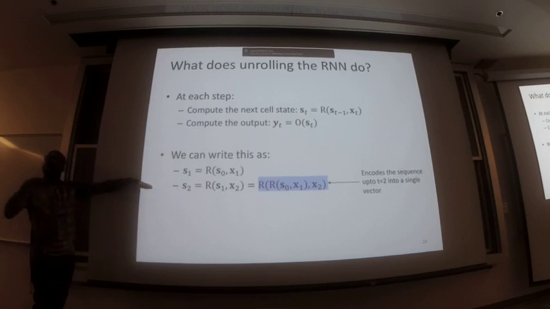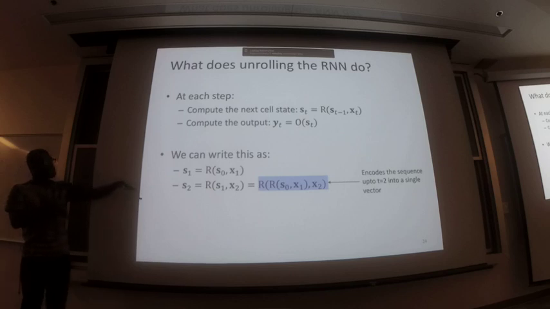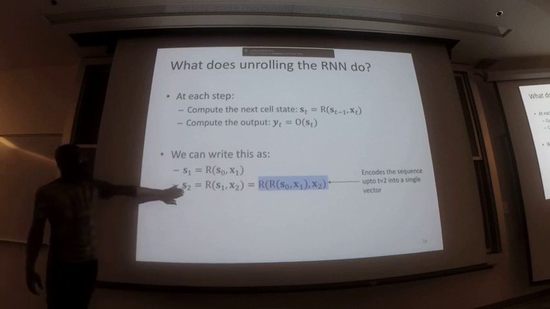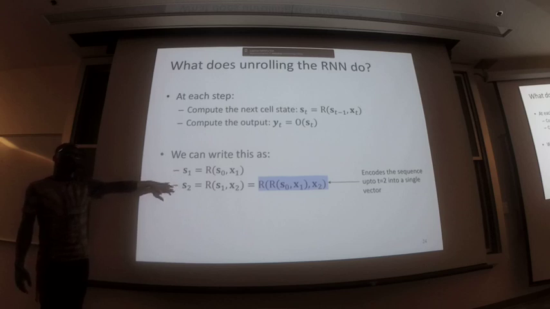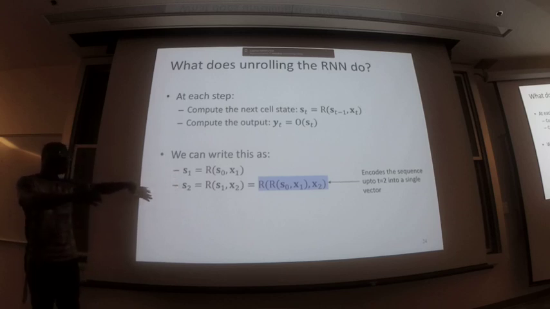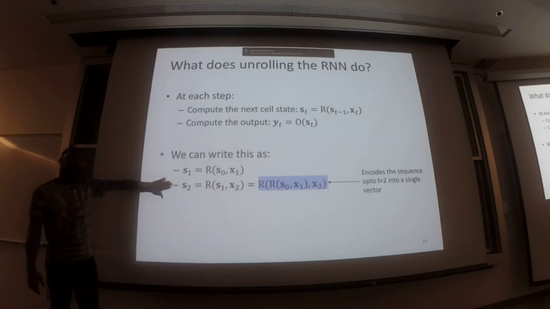And that was what motivated us to look at RNNs, if you guys remember, because I said that's what is going to motivate everything that we are going to do. So S2 here is just a single vector that encodes our sequence, X1 and then X2. So from this time going forward, everything that the network is going to see about X1 and X2 is going to be encoded in S2.